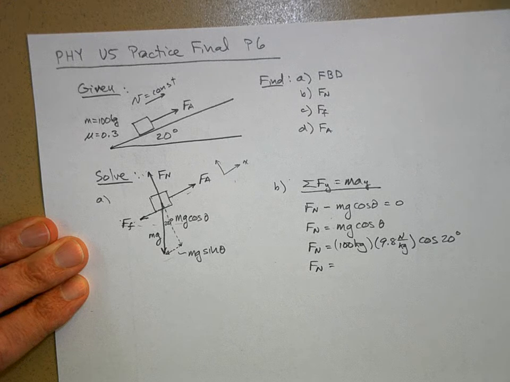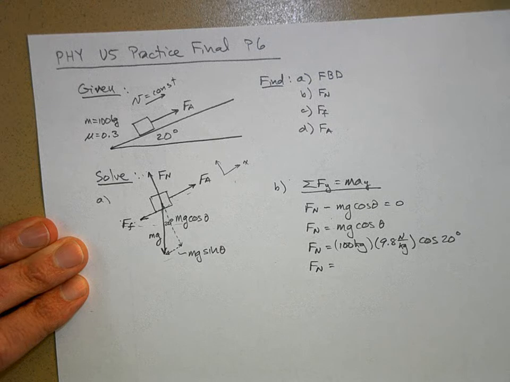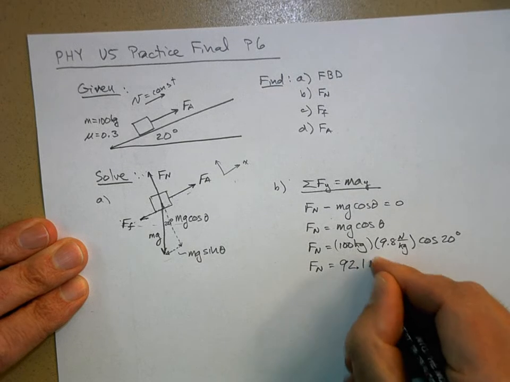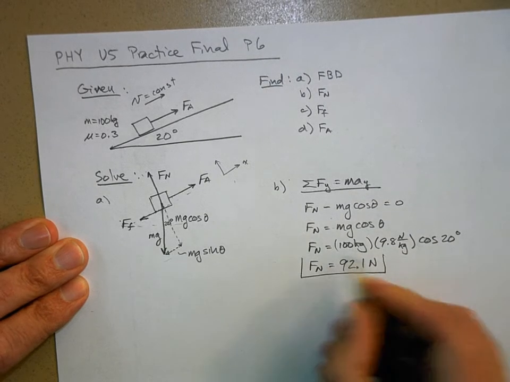So that's 98 times the cosine of 20. And I get 92.1 newtons. And that's my answer for part B.